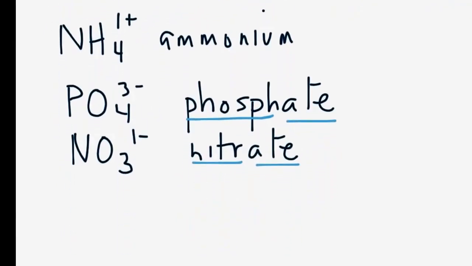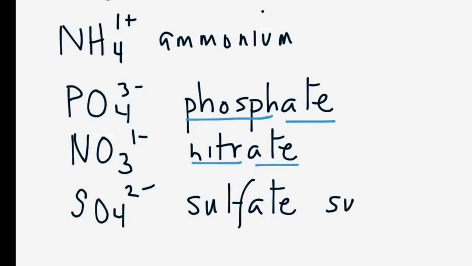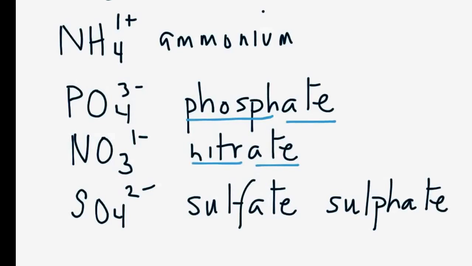What happens is sometimes you can have polyatomic ions with one less oxygen in them, but the same charge. For sulfate, you can spell it with an F or you can spell it with a PH. It doesn't matter which one.